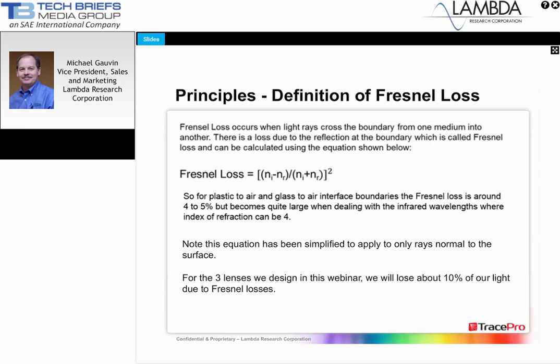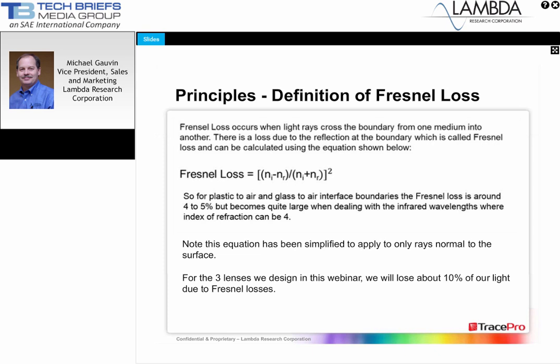There's another thing: the definition of Fresnel loss. Fresnel loss occurs when light crosses the boundary from one medium into another. So in other words, when I go from air into plastic or into glass, there's a loss due to reflection at that boundary. And you lose it both entering the glass and exiting the glass.